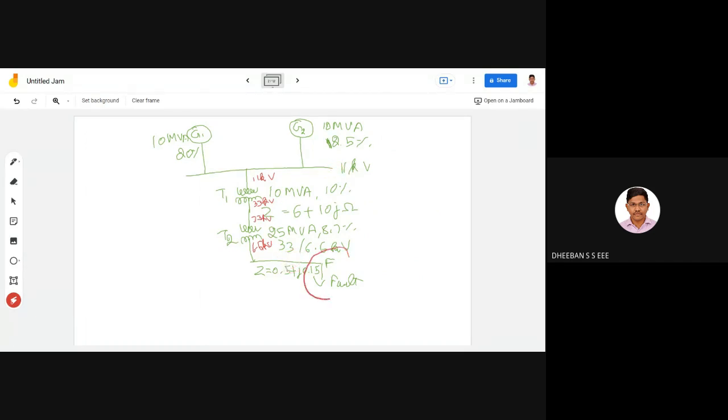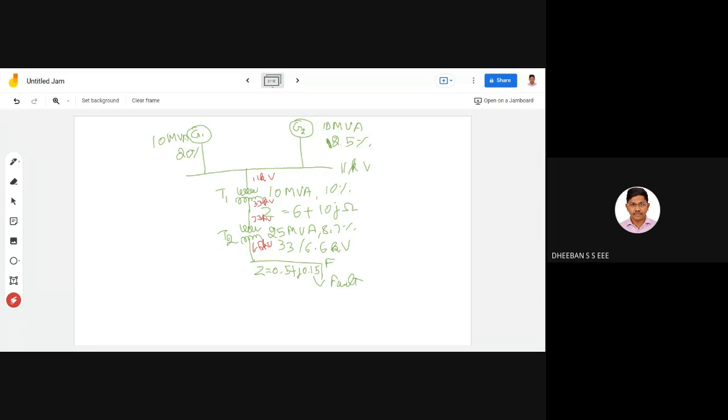The fault is occurring at your bus two, and this is a PV bus rated for a voltage of 11 kV, and two generators G1 and G2 are attached to this bus, each having 10 MVA of power delivery.